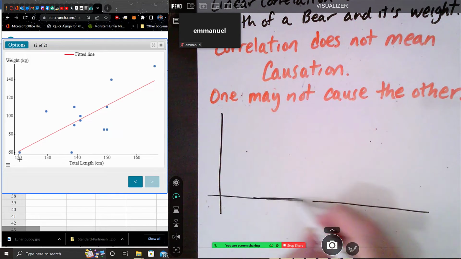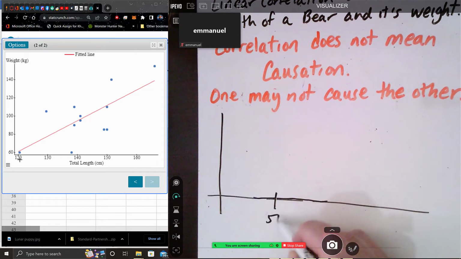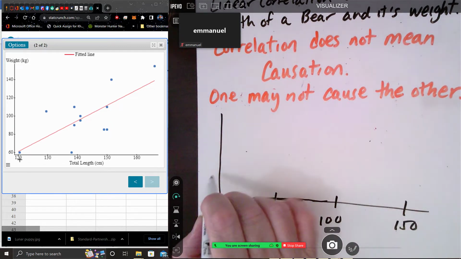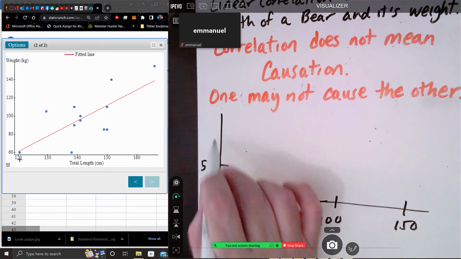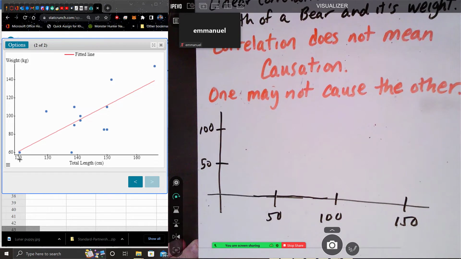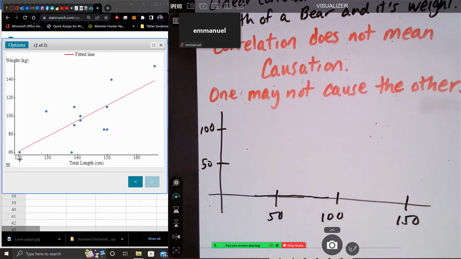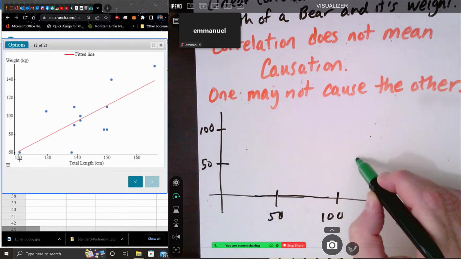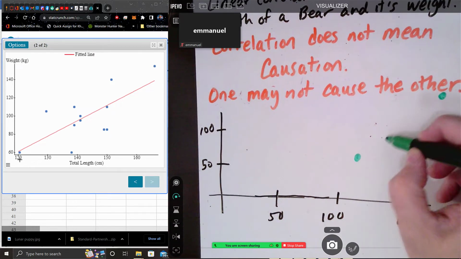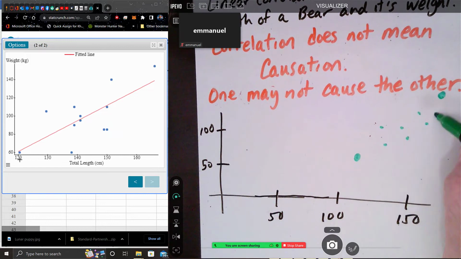They've got a dot at 60 and 120, which is 120 is about here and it's about there maybe. And the biggest dot is over at 160 and about 150. So maybe up there. And there's other dots in here.